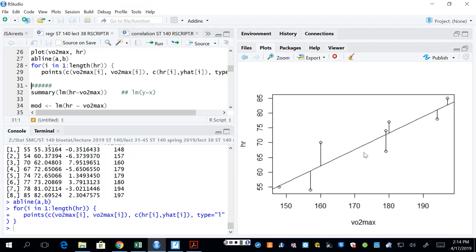And so the standard deviation of those vertical distances is about 5. So that describes something about how close the points are to the line. If the standard deviation was 1, they'd all be like this one or these couple. If the standard deviation was 10, there'd be a bunch of them that would be further away. So it gives you some information of how it does there.